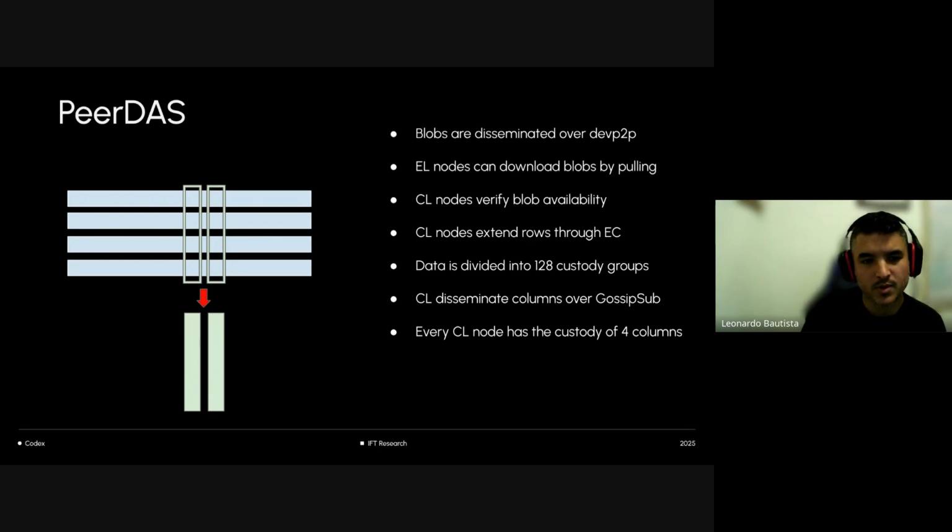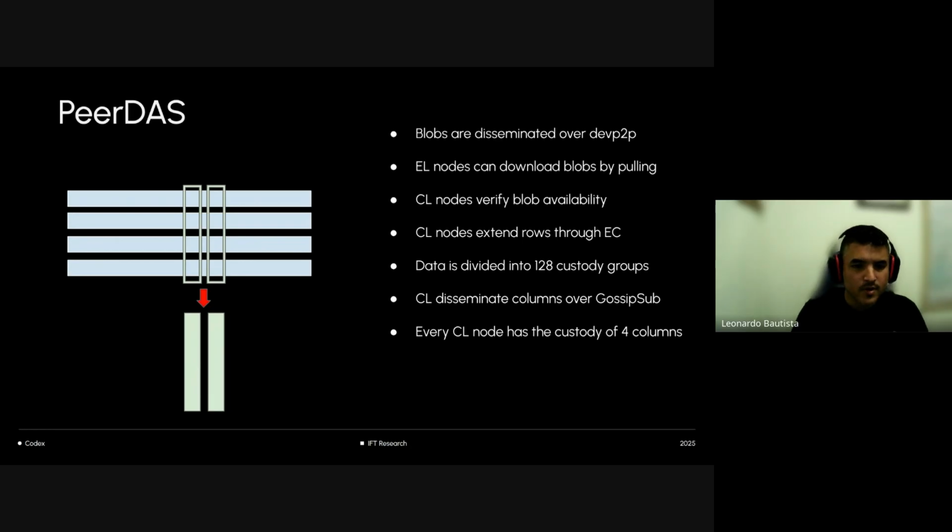Now, what we want to do is to guarantee that the block is available without actually storing the whole blob data. Because we want to increase the number of blobs sufficiently in order to put even more and more data from rollups, and in this way increase the number of transactions per second, and so on and so forth.